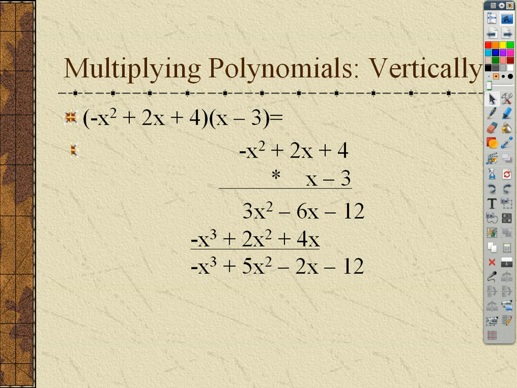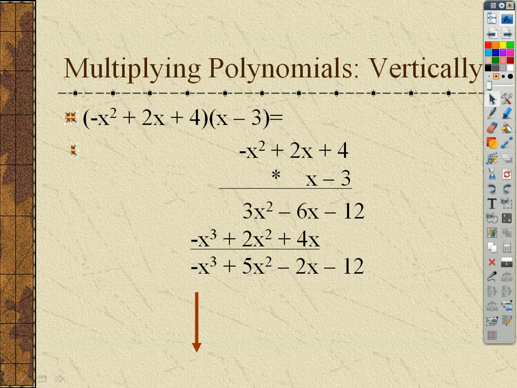If I multiply the x through, x times 4 is 4x, so that has to line up in the x column, right? x times 2x is 2x squared, so it lines up in the x squared column. And x times negative x squared is negative x cubed, so that gets its own x cubed column. And then when we add up vertically, you get a negative 12, negative 2x, positive 5x squared, and negative x cubed, and we're done. Okay, no biggie, right?